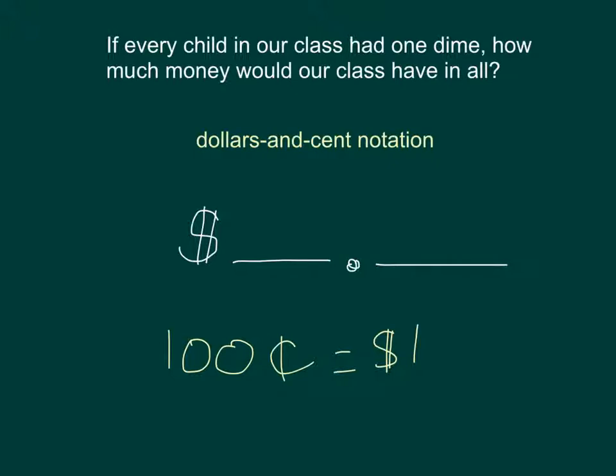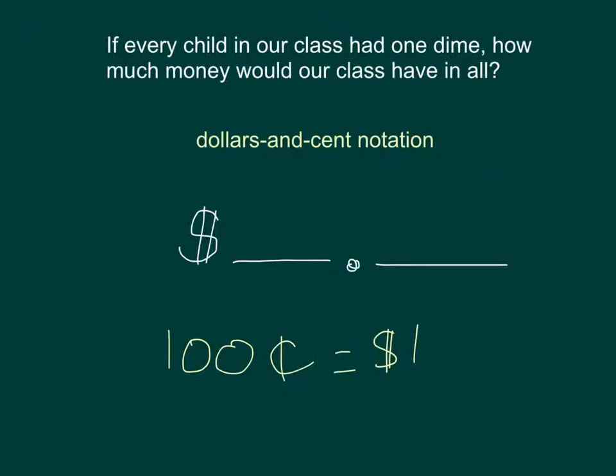When I go to read this, it might sound something like this: $1 and 40 cents. The dollar tells me how many dollars or how many groups of 100 I have. The decimal point represents the word and, because I have additional money.